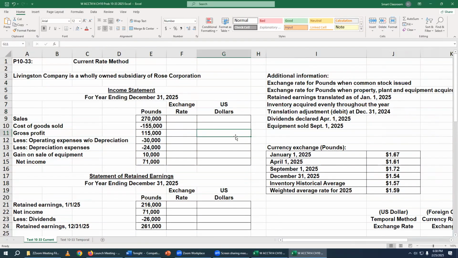Okay, so let's jump in here. Sales, these are going to be done at the average rate. There, 159.